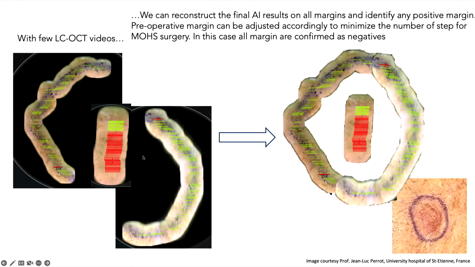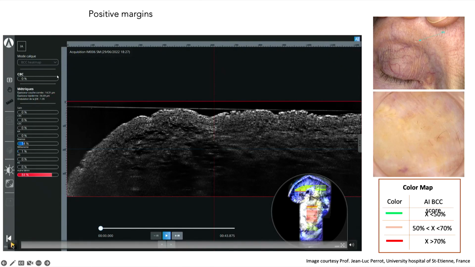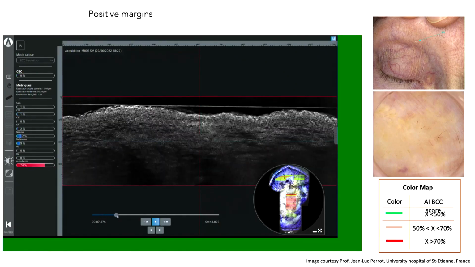We're moving around, and all the red areas are where we are seeing with artificial intelligence the presence of the tumor. So we can do exactly in vivo margin delimitation, at least at 400 microns. Okay, here you can see one example of positive margins.